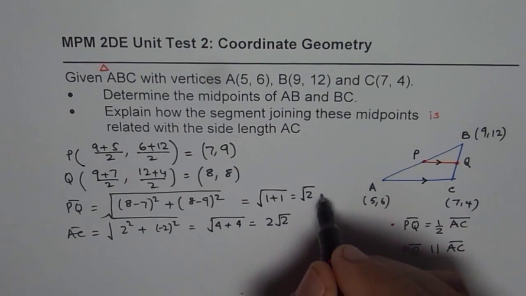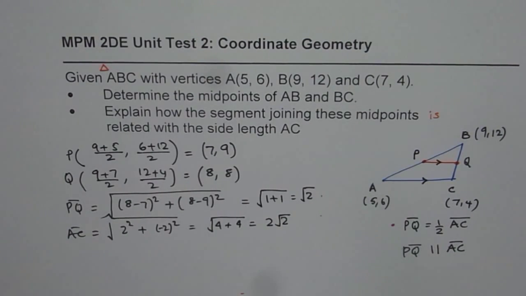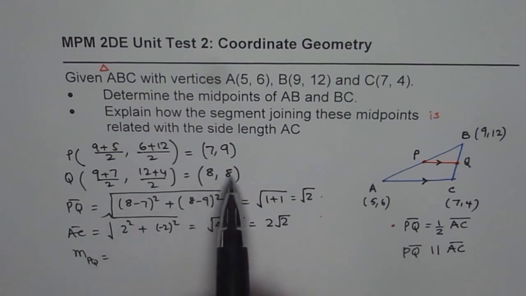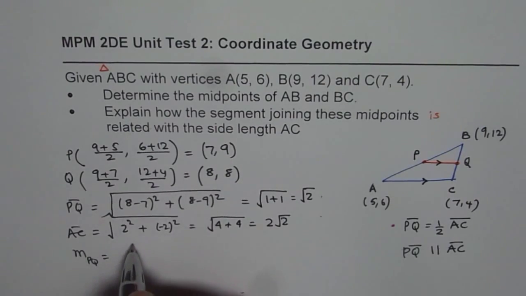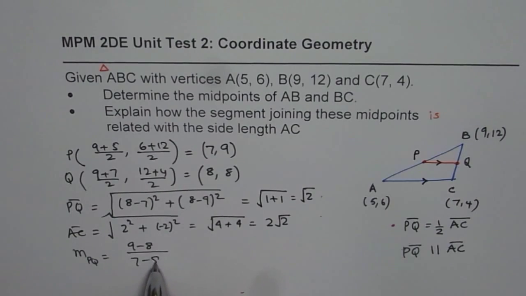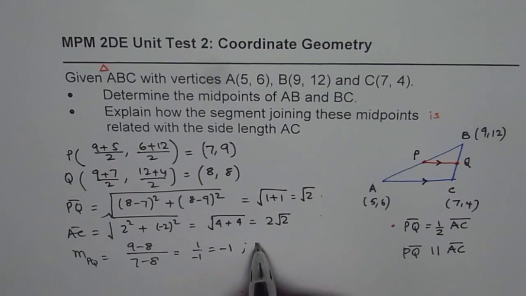From these two relations, now we need to check the slope. So slope of PQ, with the points we found, is the change in y value, that is 9 minus 8, divided by the change in x value, 7 minus 8, which is 1 over minus 1, which is minus 1. And similarly, let's find the slope of AC.